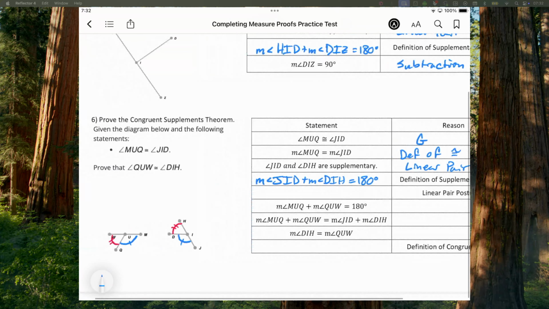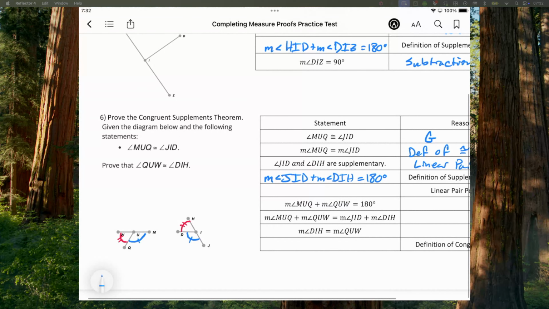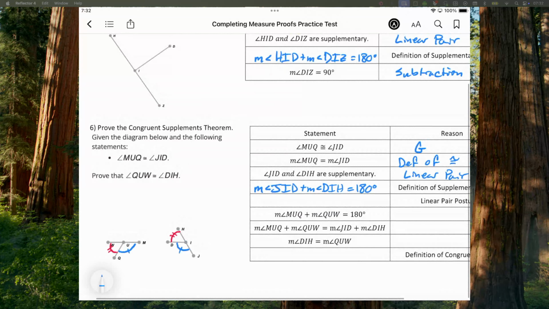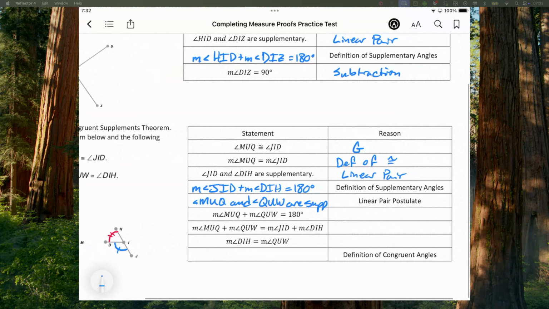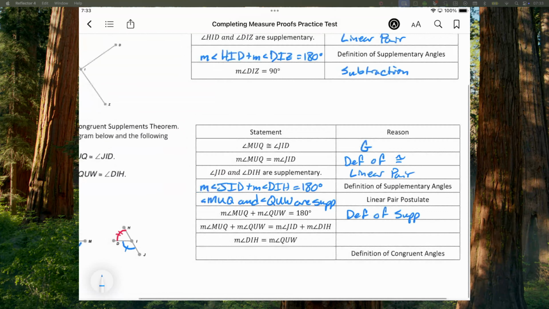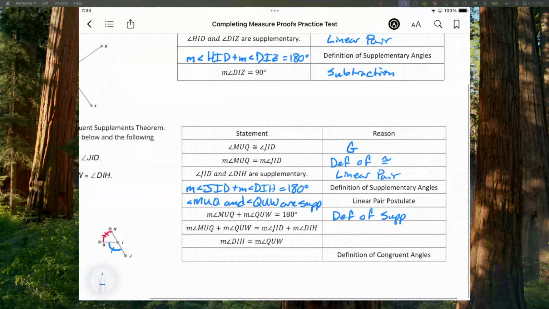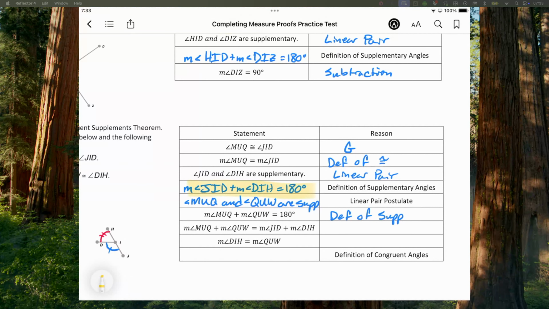We have another linear pair, which is MUQ and QUW. They make 180 degrees because definition of supplementary angles. Now, these two are both equal to 180, so they must be equal to each other. That is transitive property.